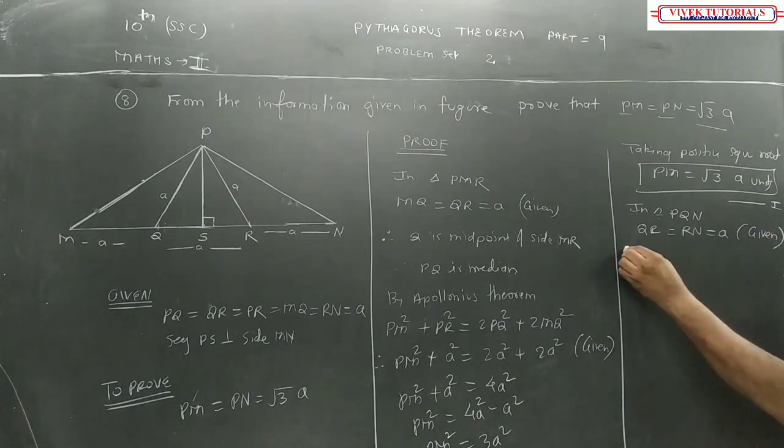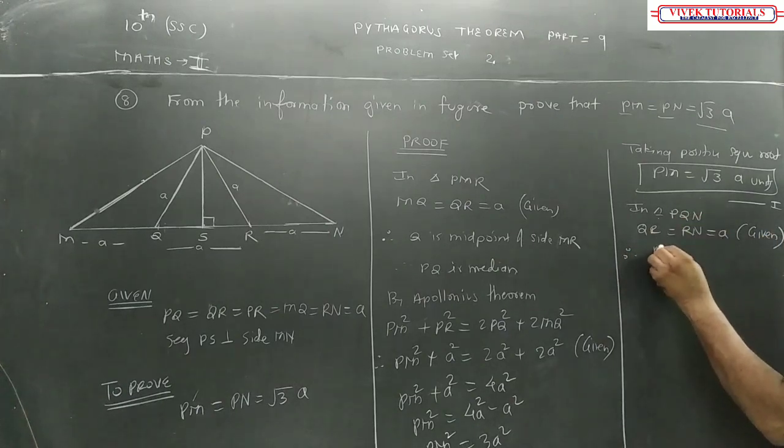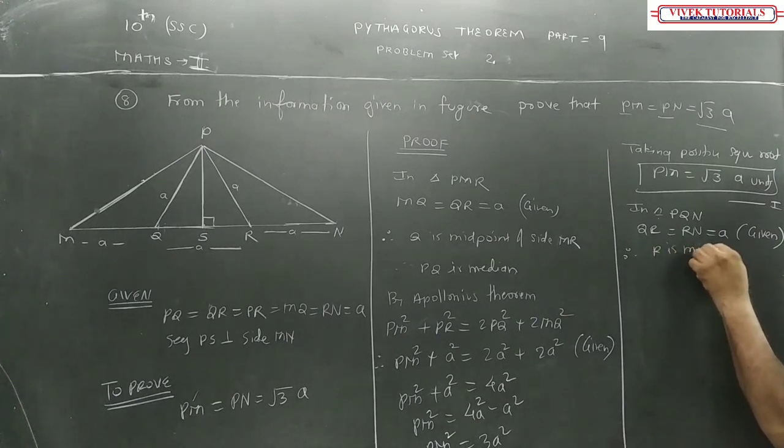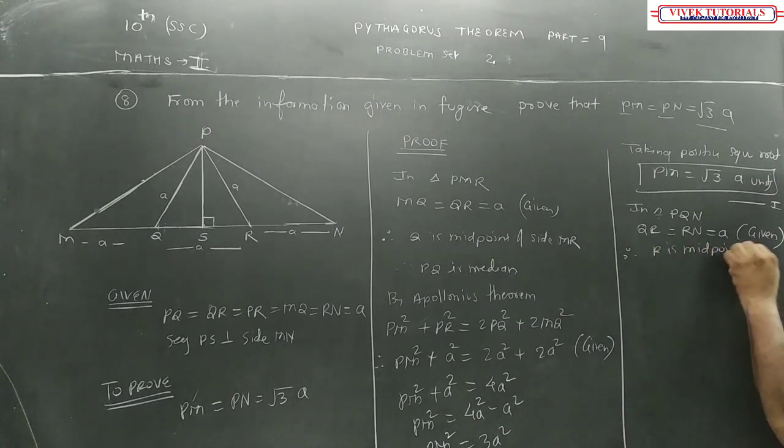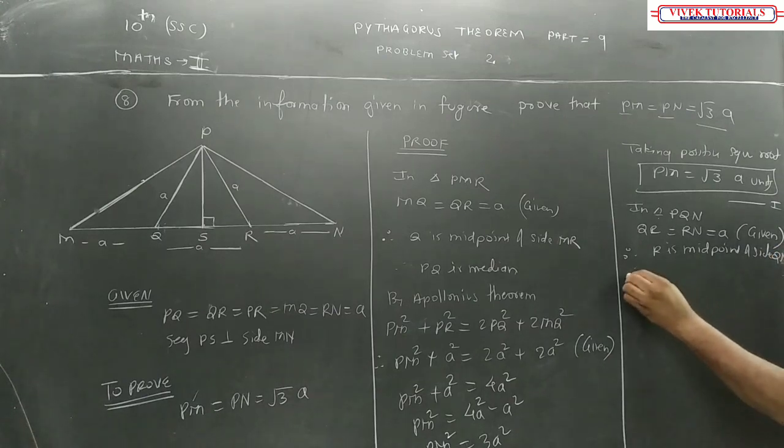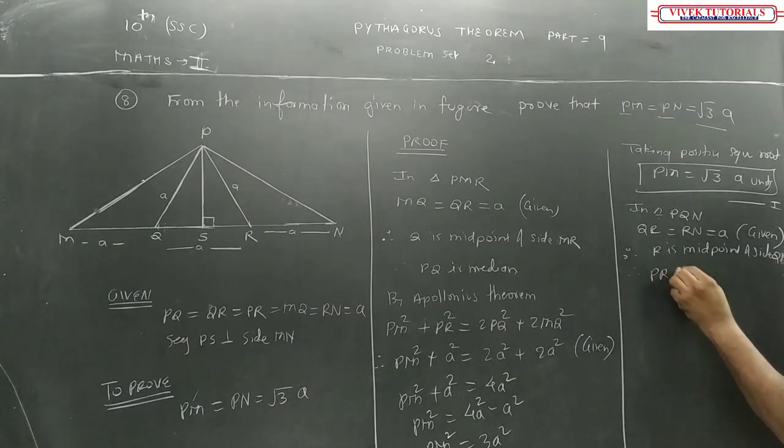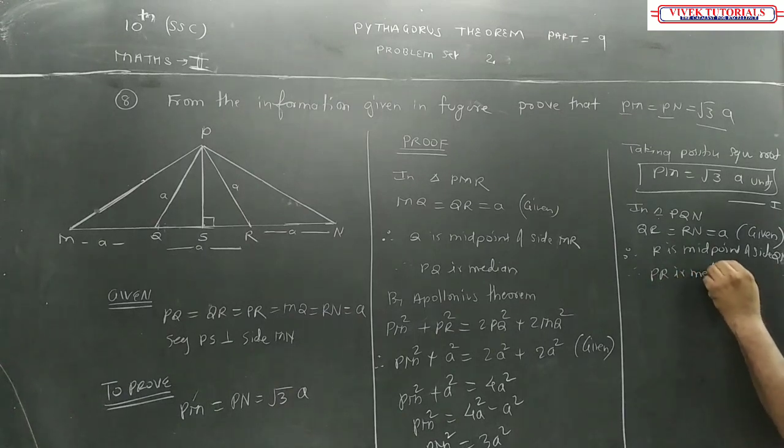Therefore, R is the midpoint of side QN. Therefore, we can write PR is a median. If you are not writing it, it's also okay.